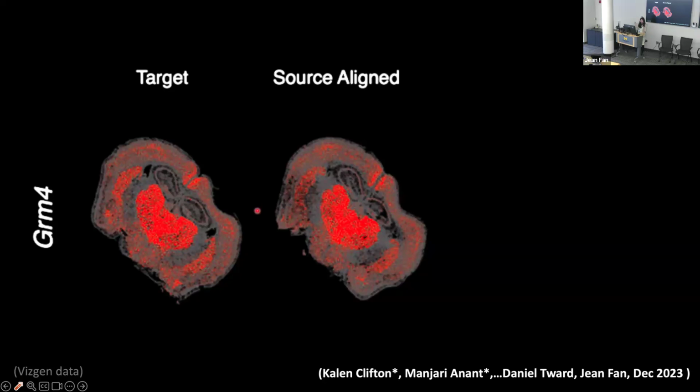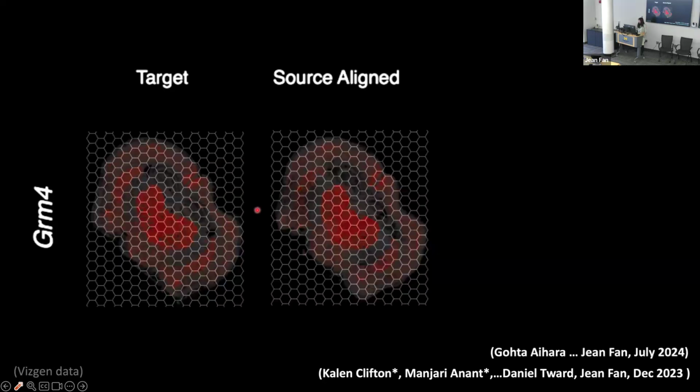So it's not always a one-to-one cell correspondence. So therefore, what we did originally in the paper and now sought to formalize more is we can create these grids, either hexagonal or square grids on the tissue, and essentially aggregate the gene expression within that grid. And this grid is matched across the target and the source. And we can do this kind of binning in a cell type specific manner.